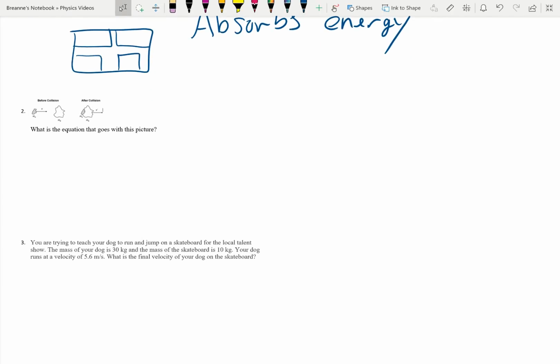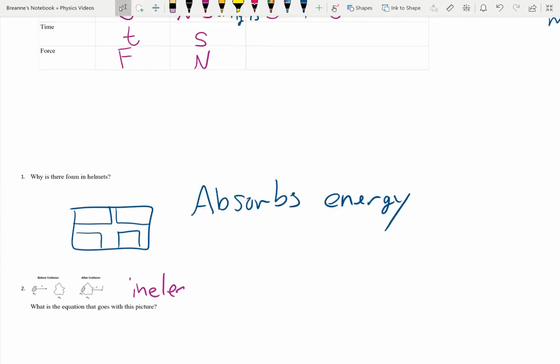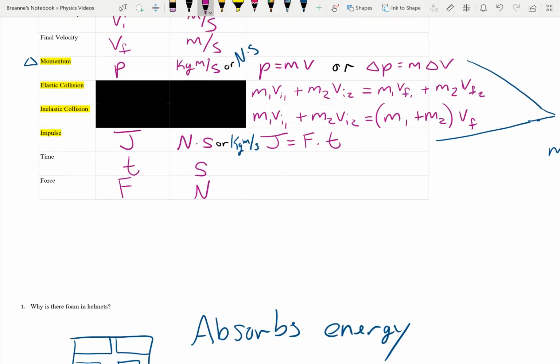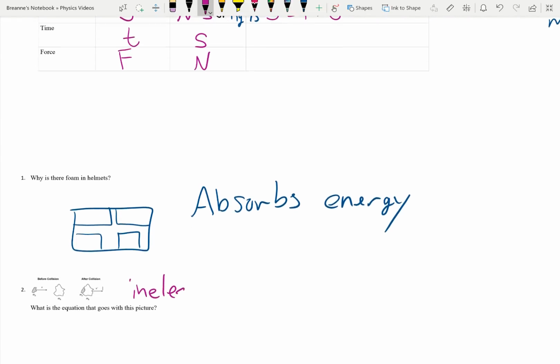Number 2, what is the equation that goes with this picture? Now we have to decide, is it an inelastic or an elastic collision. Before the collision, we have two objects. After the collision, it looks like we have one object. So that looks like it becomes an inelastic collision.